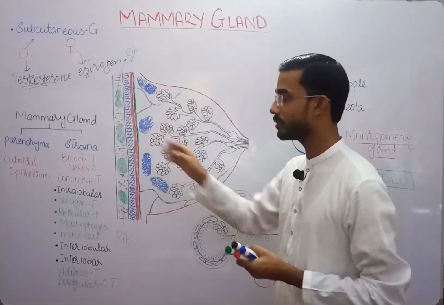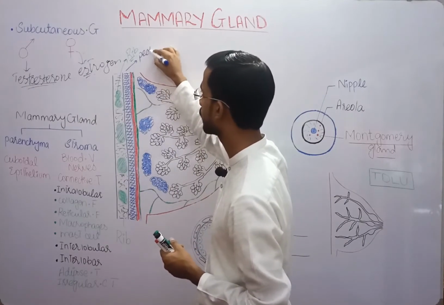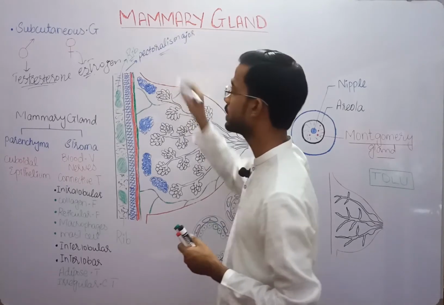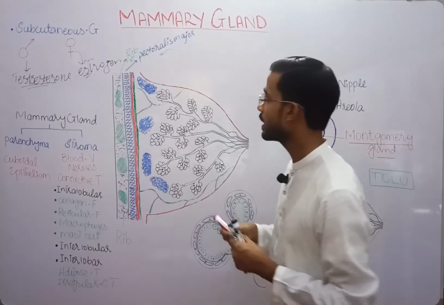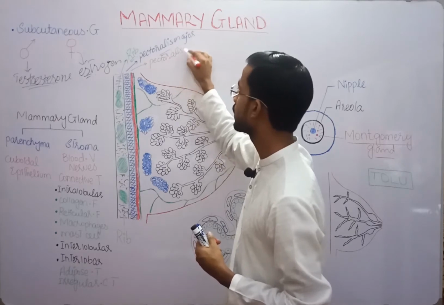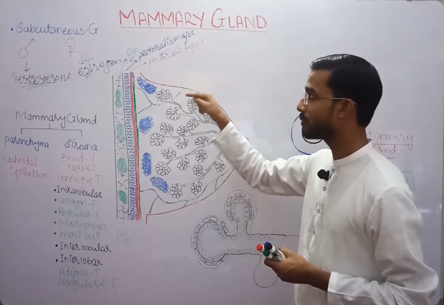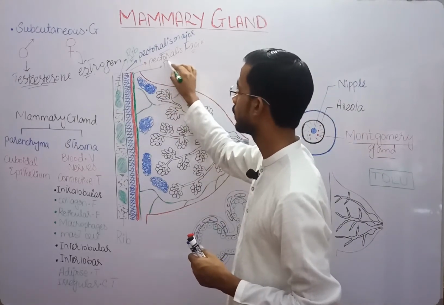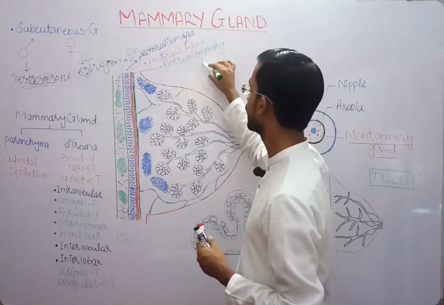Above the ribs there is the pectoralis major muscle, and above the pectoralis major there is the pectoral fascia, and above the fascia there is a layer called the mammary layer.